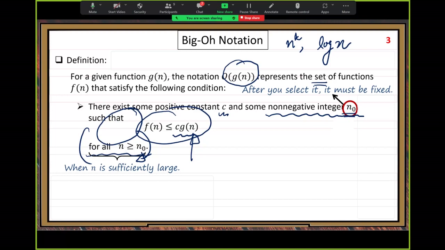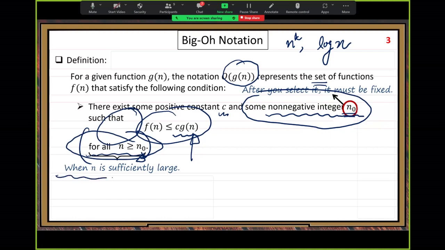They skip the n0 and replace this whole part with the sentence "when n is sufficiently large." When you see that, you can understand it this way: there is some non-zero constant n0 such that for all n greater or equal to n0, because only when n is greater or equal to n0 do we say it is sufficiently large.